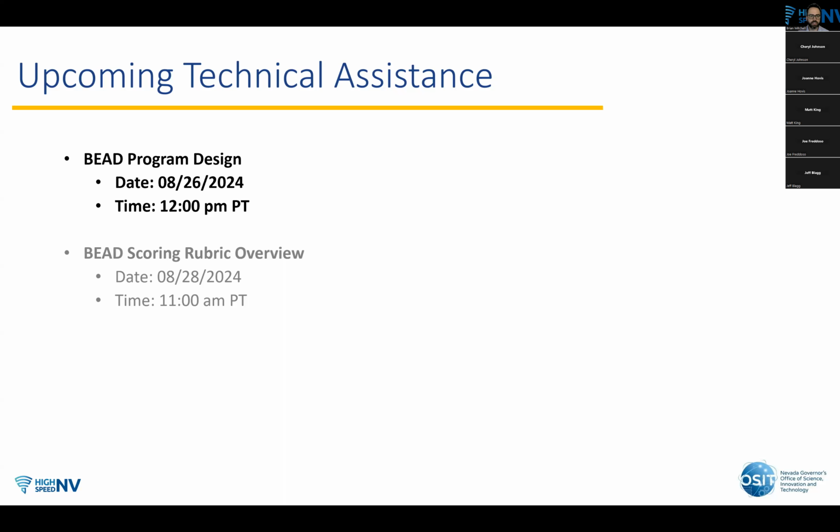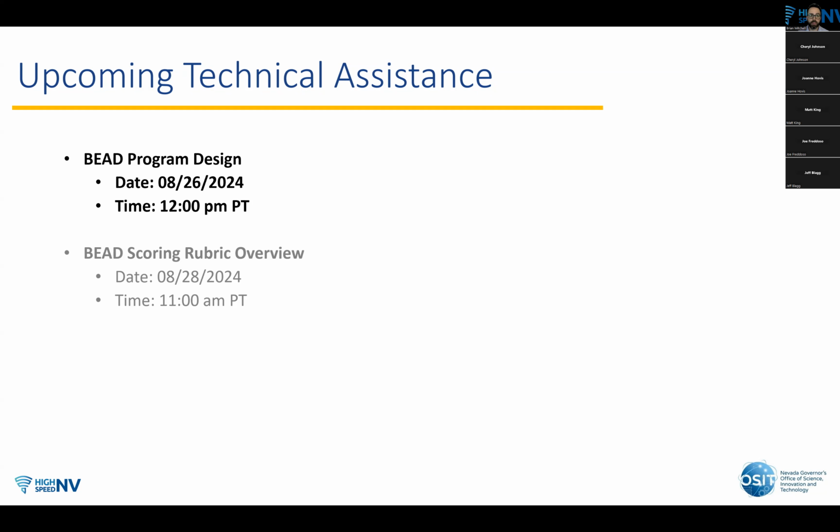As we've been saying, we're in the midst of doing a number of technical assistance webinars. So today is on BEAD program design, and then we hope you'll all come back and join us for the BEAD scoring rubric that we'll do a little bit later this week. I'll also flag that the application portal will open in early September, and we'll be doing a full demonstration and walkthrough of the application portal when it opens.